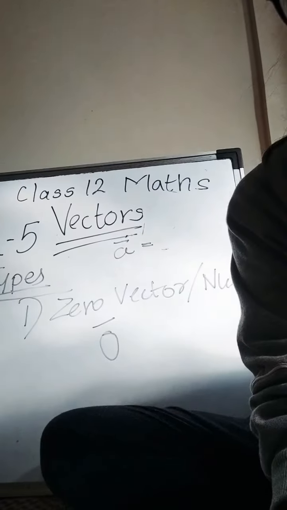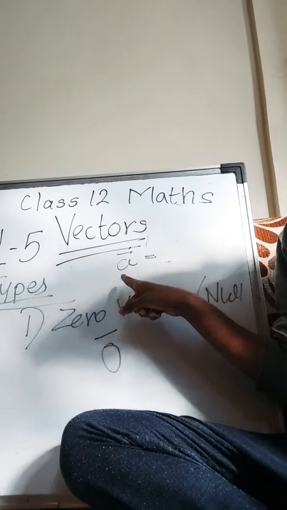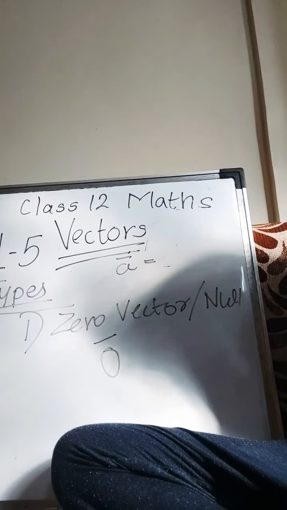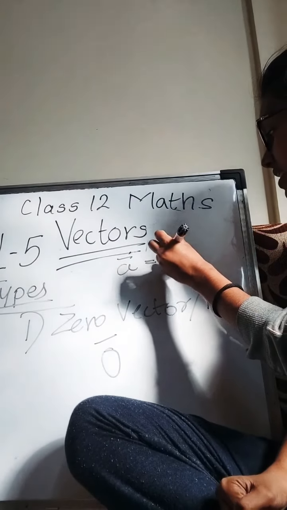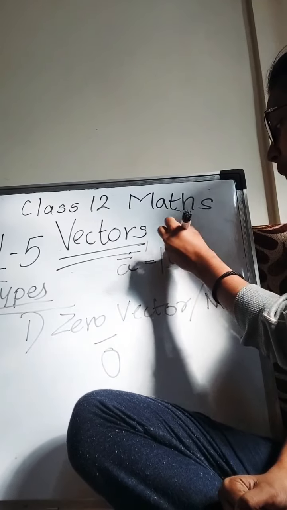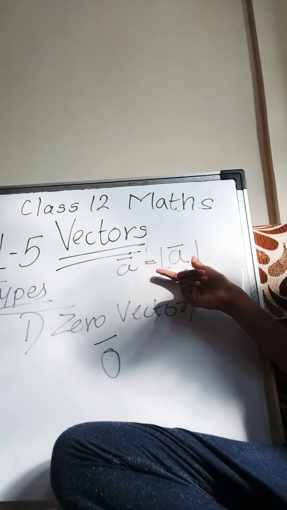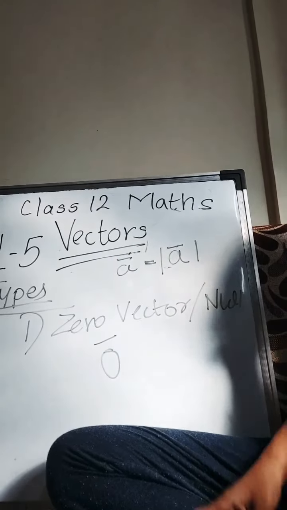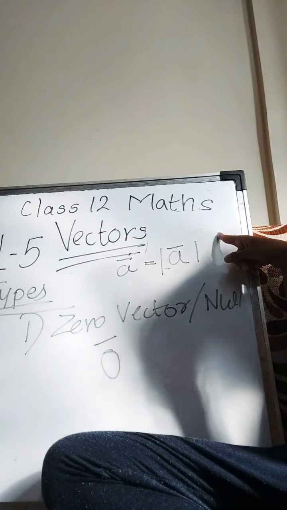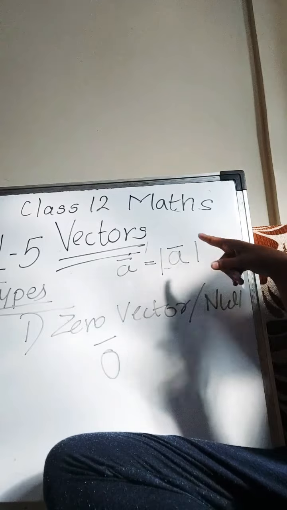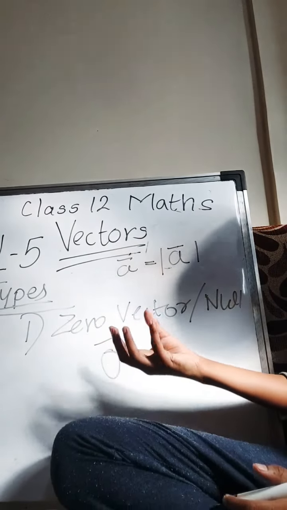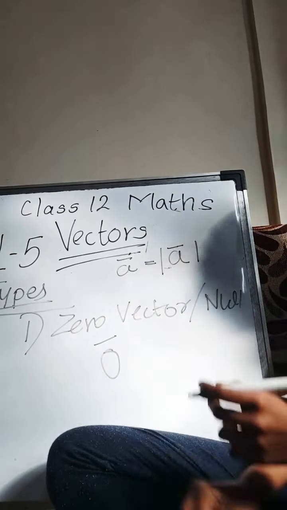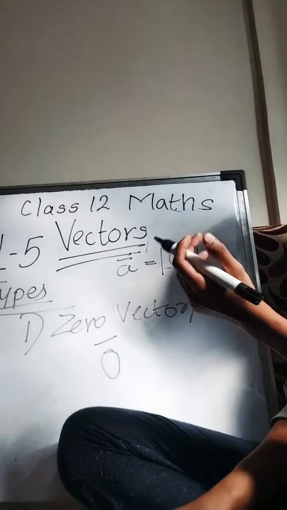So if the given vector is A bar, then its magnitude, I told you that magnitude is represented by adding mod to the vector, into its direction. Now for the direction, we represent direction by its unit vector.